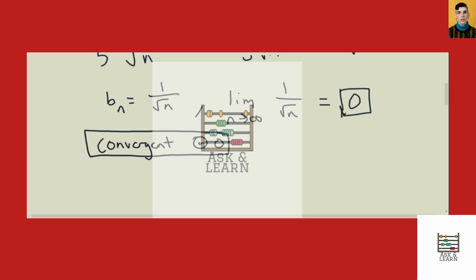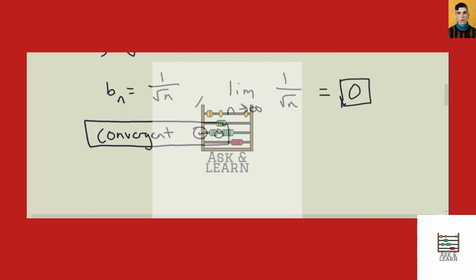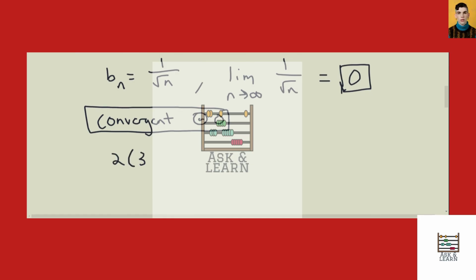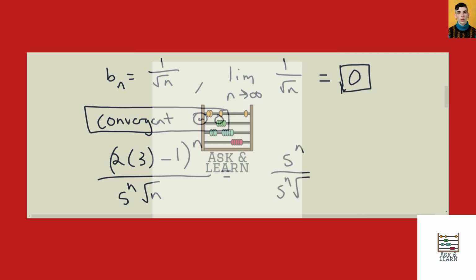Okay, we can now check the endpoint when x is equal to 3. So we would have 2 times 3 minus 1, which is 5, to the n, over 5 to the n root n. And so we'd have 5 to the n over 5 to the n root n, which would just be 1 over root n. And here, if we took the p-series test, we know this can be written as 1 over n to the half.